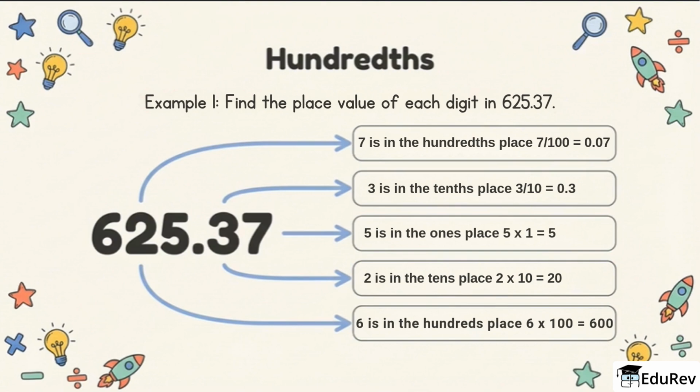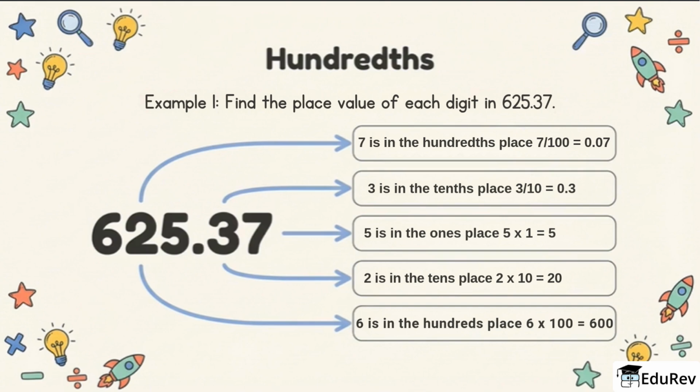Let's find place values in the number 625.37. The 7 is in the hundredths place, so it stands for 7 hundredths or 0.07. The 3 is in the tenths place, so it is 3 tenths or 0.3.